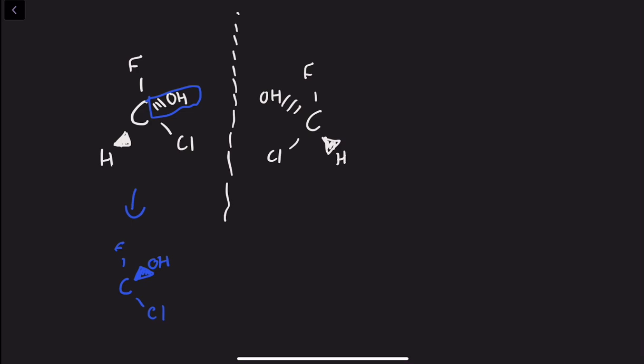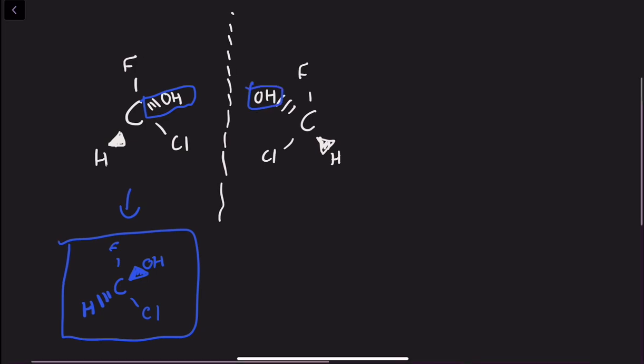And this hydrogen that was originally coming out of the board with this wedge, we're now going to give it dashes and put it back into the board. These are also enantiomers. It's just a different method of deriving it.